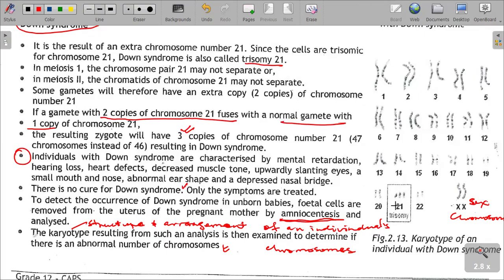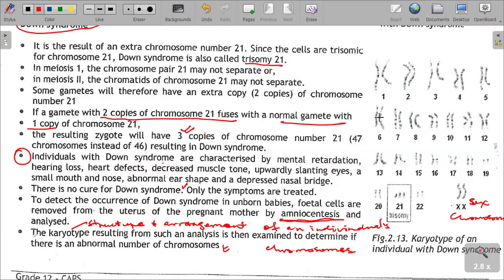When we are given the karyotype, there are questions that come up, such as to identify. The first question is: is this a karyotype of a normal or abnormal person?